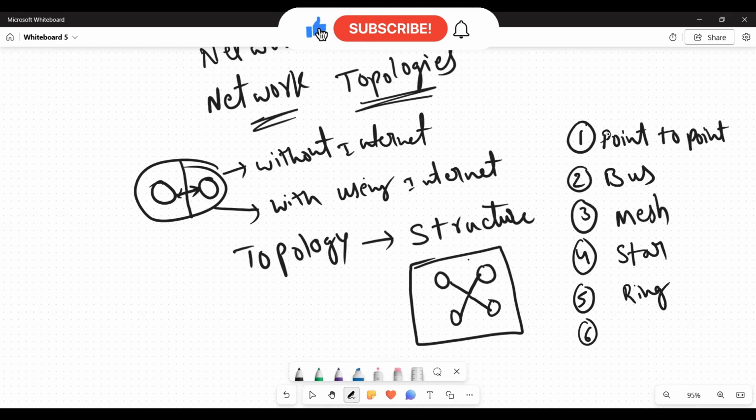Sixth one is tree. And seventh one is hybrid. These are the different types of topologies which exist in networks. So how these seven types of topologies work in the network, now we are going to discuss.